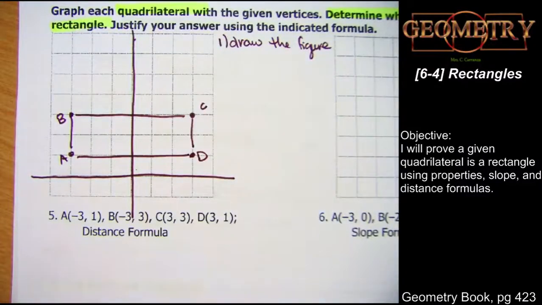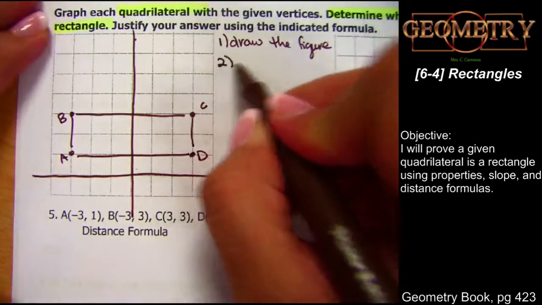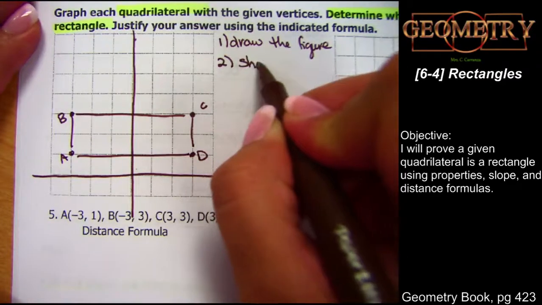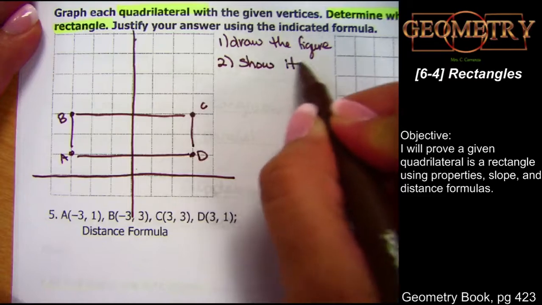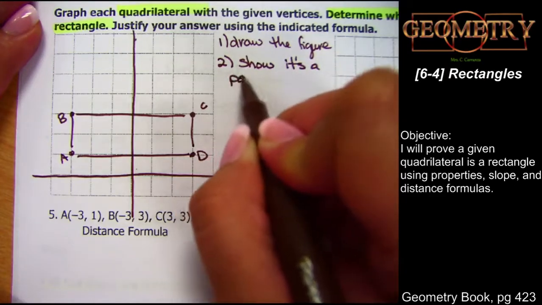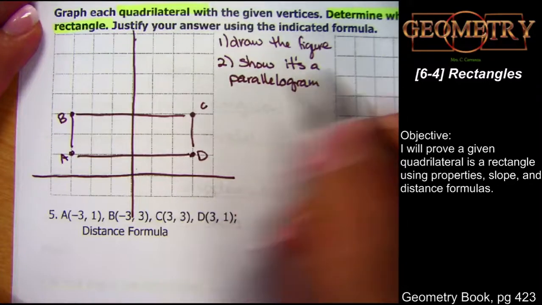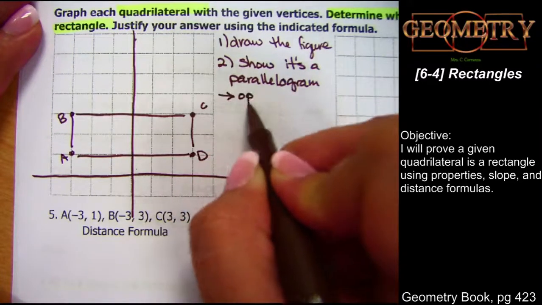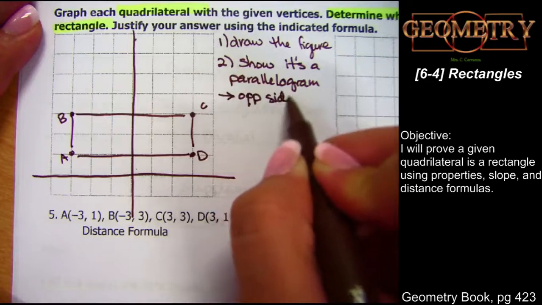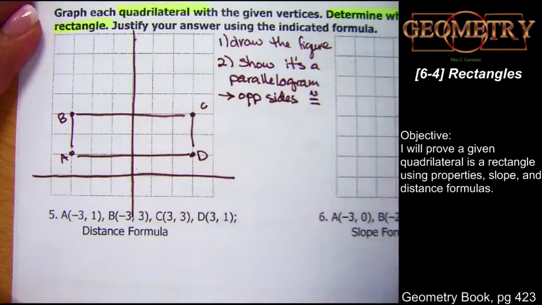The next step is to show it's a parallelogram. You're going to do that by showing that the opposite sides are congruent.